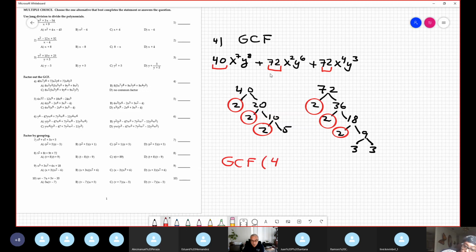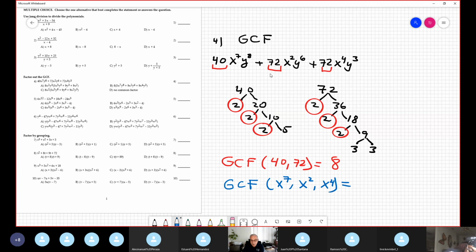So the conclusion is the GCF between 40 and 72 is 2 times 2 times 2. It's a factor, entonces, not 2 plus 2. It's multiplication. Entonces, 2 times 2 is 4, times 2 is 8. It's 8. Okay, let's analyze the variables one by one. For the x part, we have x to the 7th power, x to the 2nd power, and x to the 4th power.